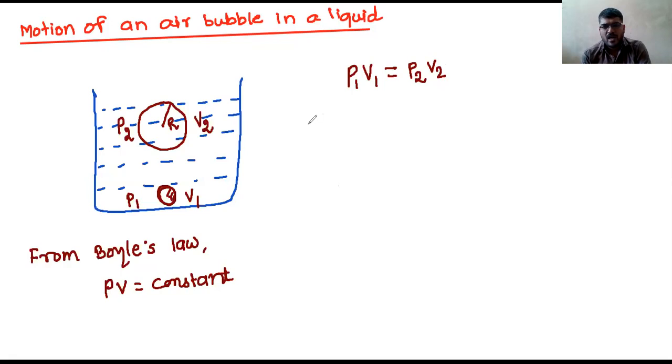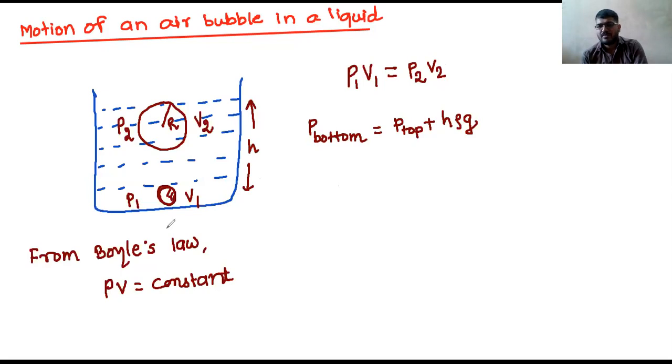Now, we have the formula that pressure at bottom is equal to pressure at top plus H rho G, and I am assuming that this height is small h, up to which liquid is filled, or you can say the height from which the bubble is rising. That is small h.